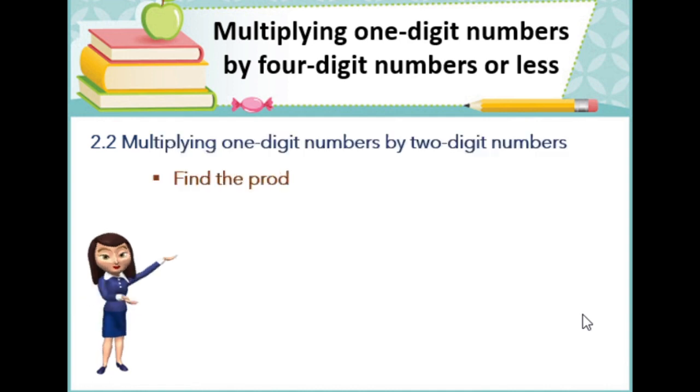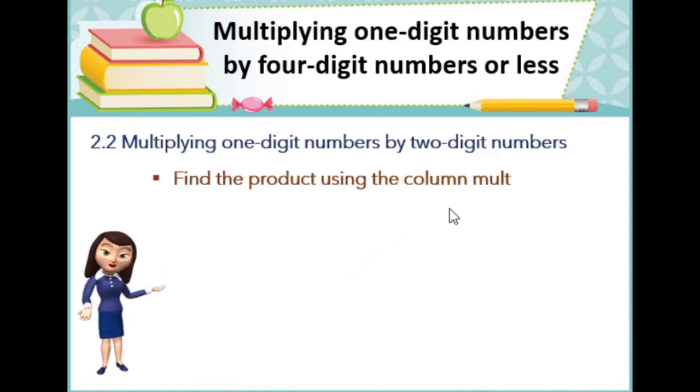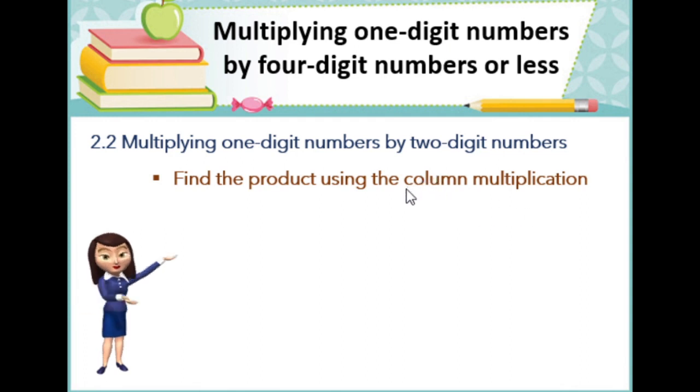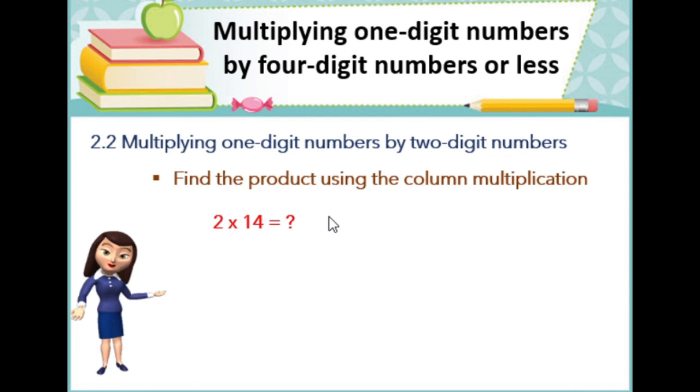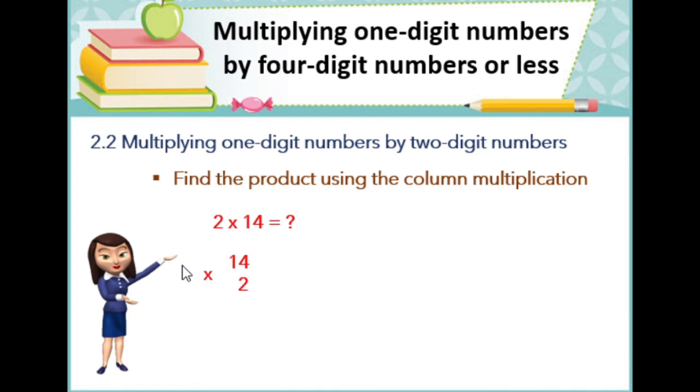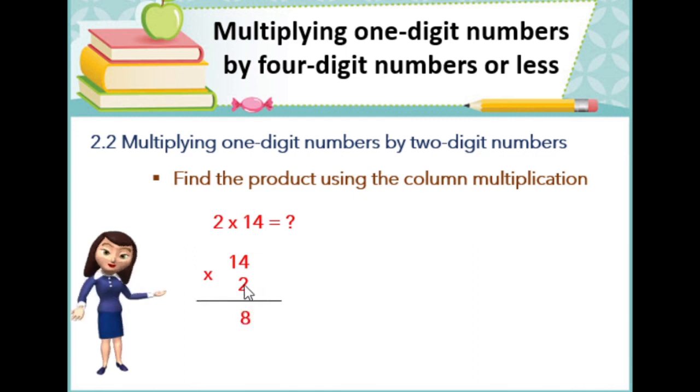Let's go to finding the product using the column multiplication. So we write the two numbers in column form. That's 14 times 2. Okay? Now, 2 times 4 equals 8. 2 times 10, because 1 is in the tens place, we get 20.